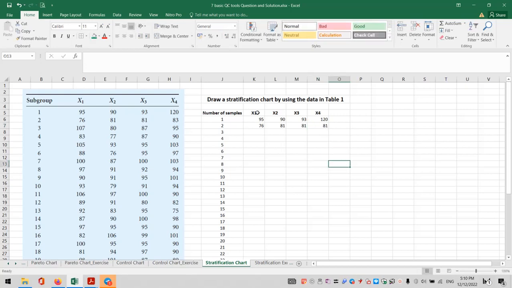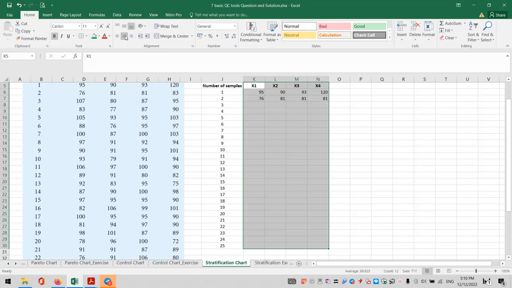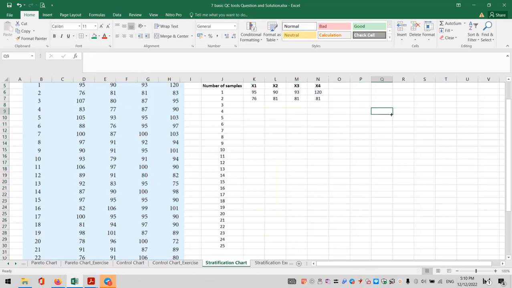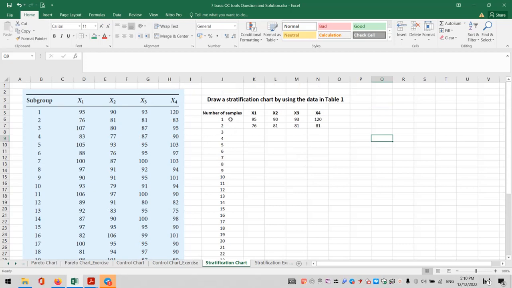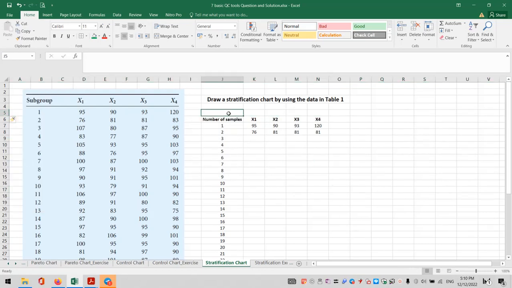So, maksudnya kat sini yang ni akan jadi paksi X. Yang ni akan jadi paksi X. Yang ni akan jadi X-axis ni.